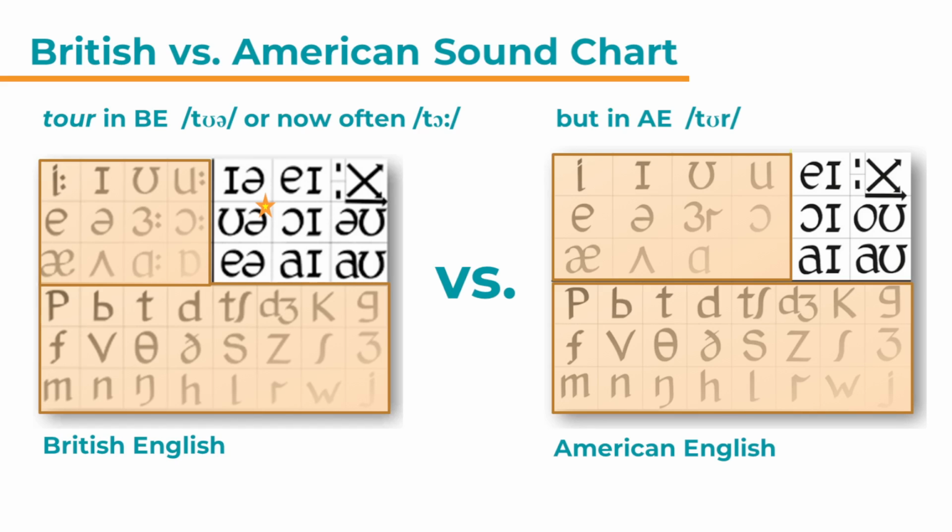And so the diphthong is not included in the American chart, and like I said, actually quite often it's not included in the British English chart either anymore. So the word "tour" can be "tour" with the diphthong, or "tor" with a long "or" in American English, "tour". So we have the short "o" followed by an "r".